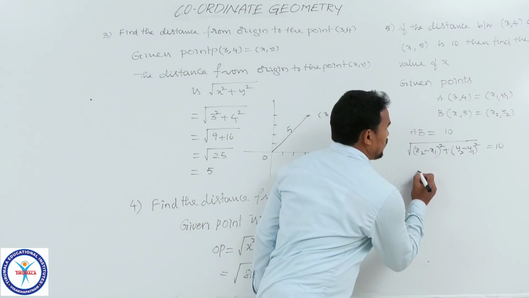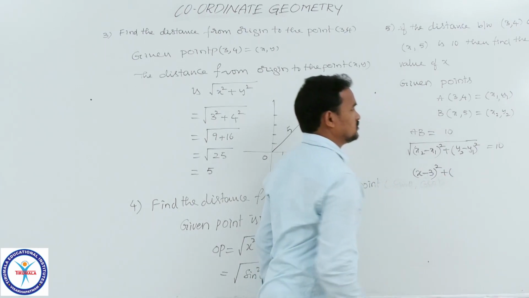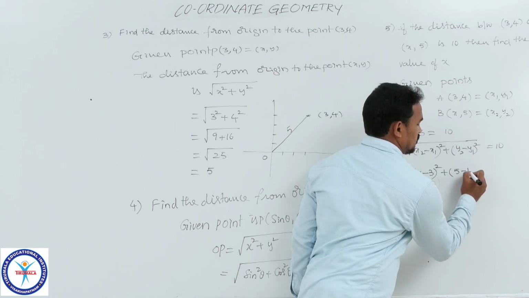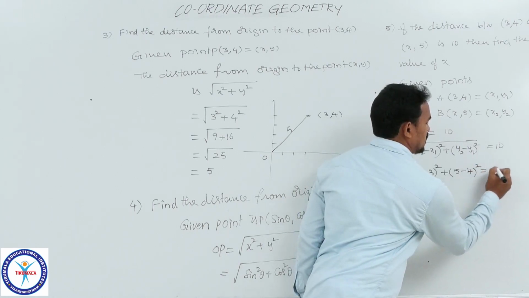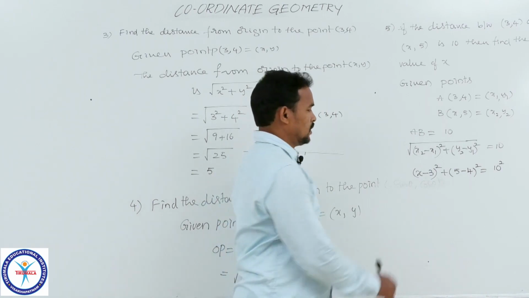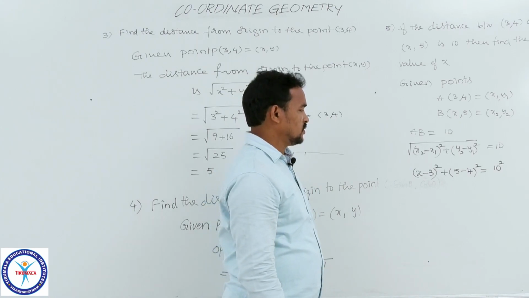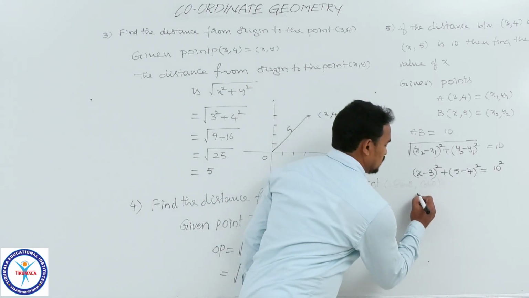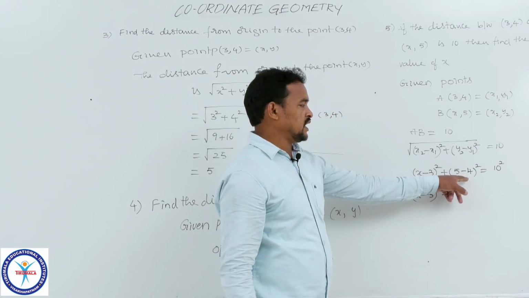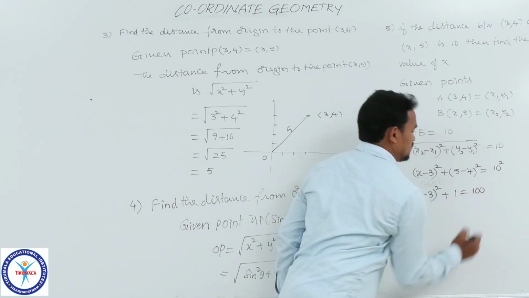Here x2 minus x1 means x minus 3 whole square plus y2 minus y1 means 5 minus 4 whole square is equals to 10 square. Keep here x minus 3 whole square, plus 5 minus 4 is nothing but 1, 1 square nothing but 1, 10 square means 100.